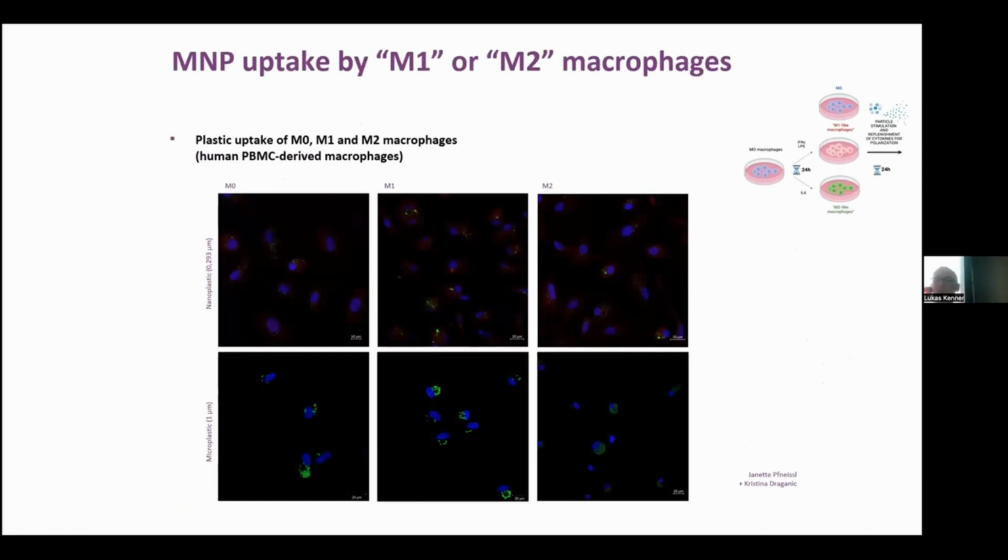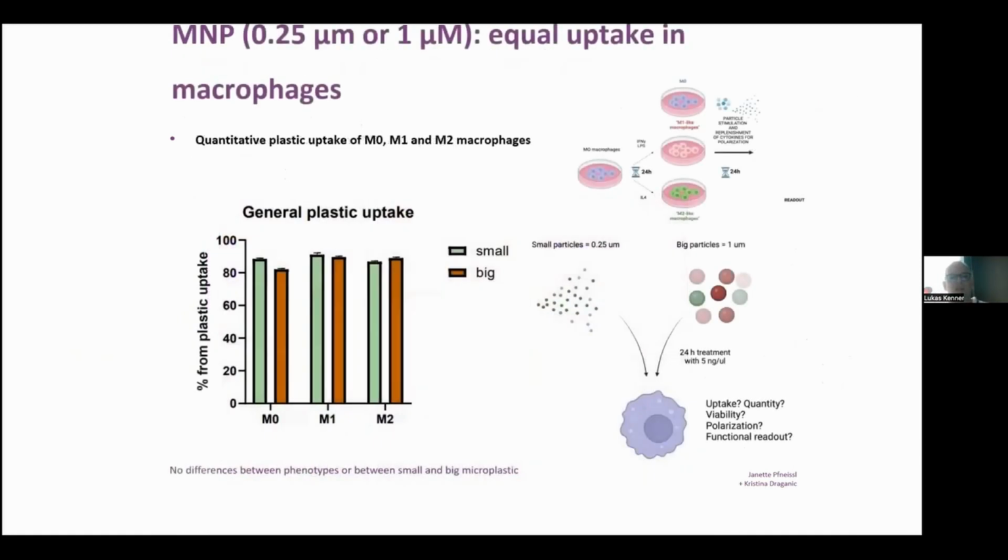We also did some in vitro experiments to find out what happens with macrophage cultures if you give them micronanoplastic particles. What we could show is that the particle size is not so important for the macrophages. If you give them small and large particles, there's no significant difference between the M0, M1, and M2 macrophage types.